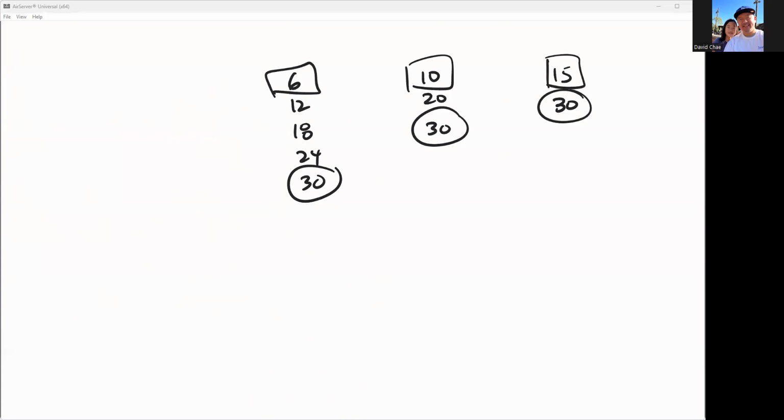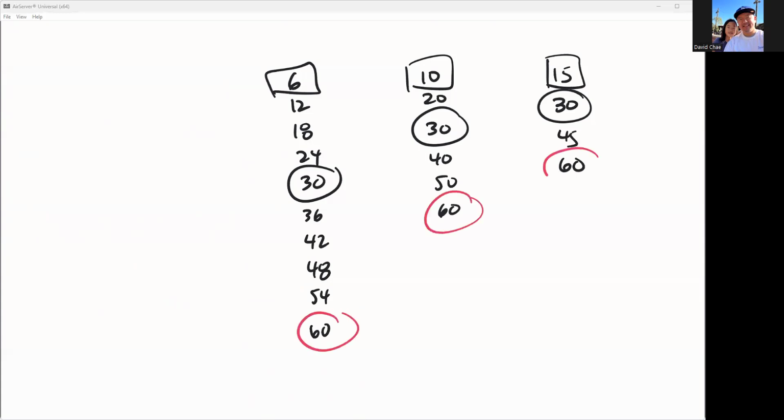I mean, there are other numbers too, right? 36, 42, 48, 54, and 60, right? 40, 50, 60, 45, and 60. Notice that this is a common multiple, right? 60 is also a common multiple. All right. But 30 is the lowest of the common multiples. Okay.